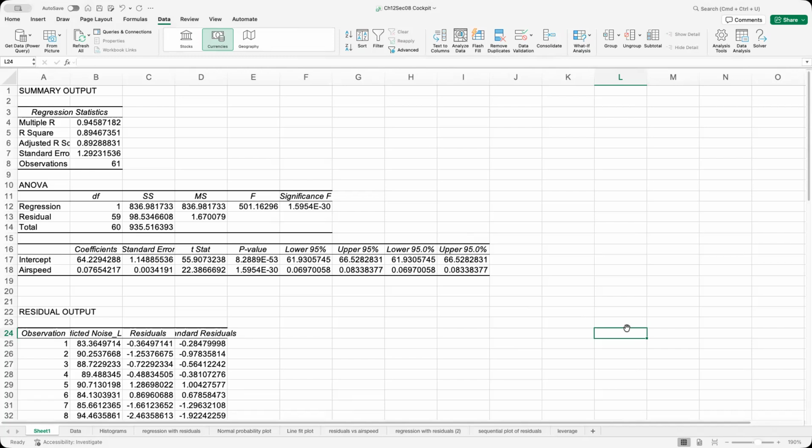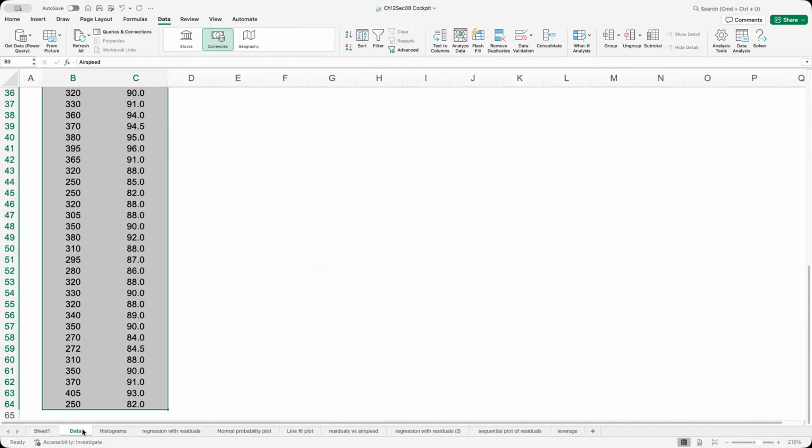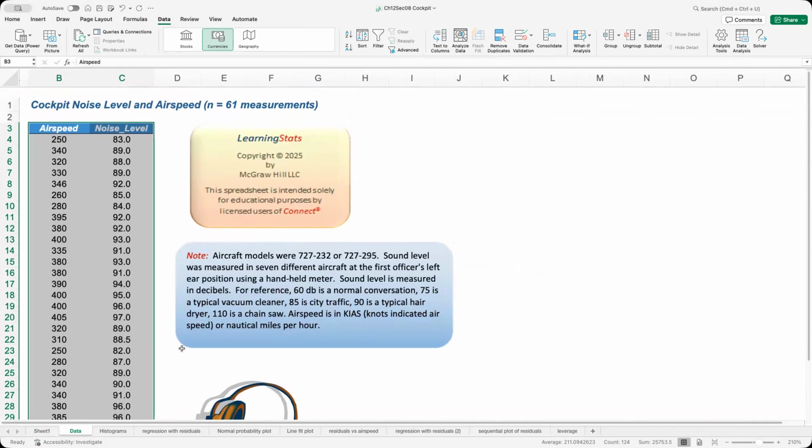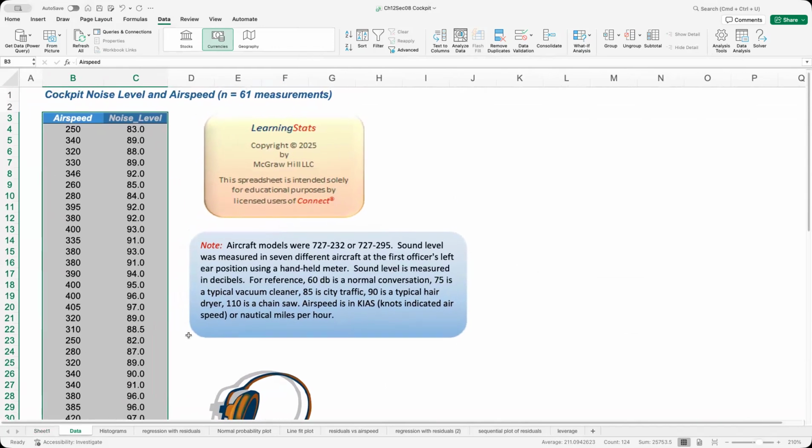But please notice, the slope itself is fairly small. There isn't a lot of increase in noise per increase in airspeed in terms of the units they've given me. Our units were, let me go back and look. Airspeed is in nautical miles per hour, knots in airspeed.